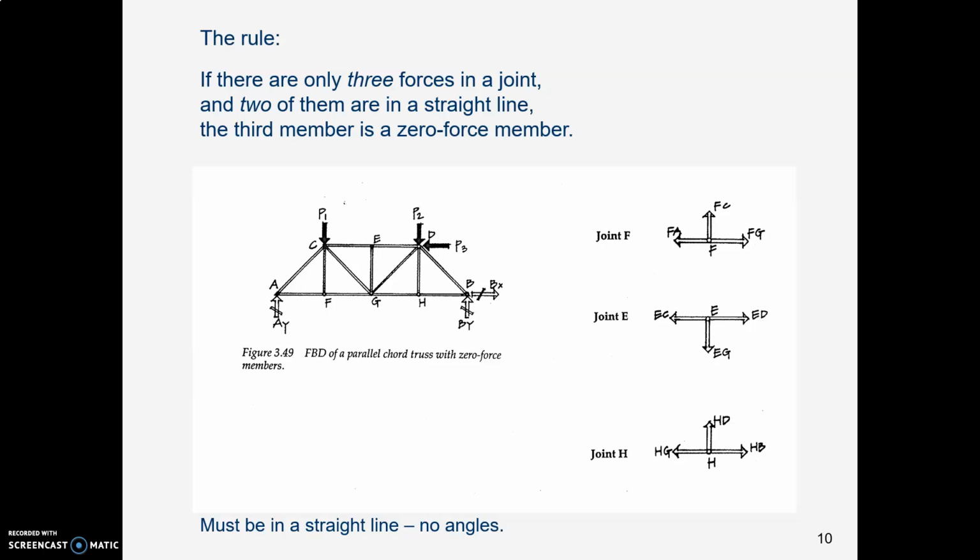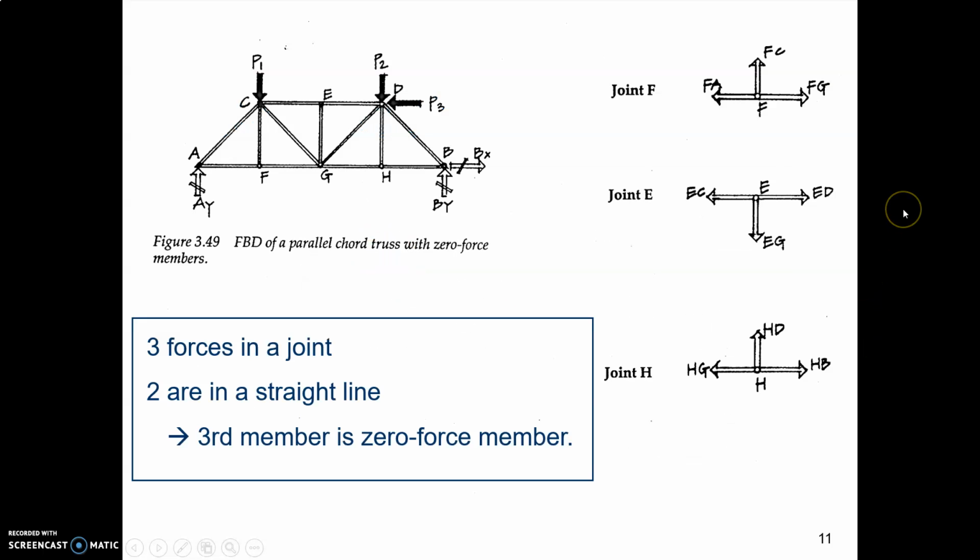And this takes us to our handy-dandy shortcut, our rule. If there are only 3 forces in a joint, and 2 of them are in a straight line, the third one is 0. They have to be in a straight line. So like those bars there at the top, those are in a straight line. The third one is 0.